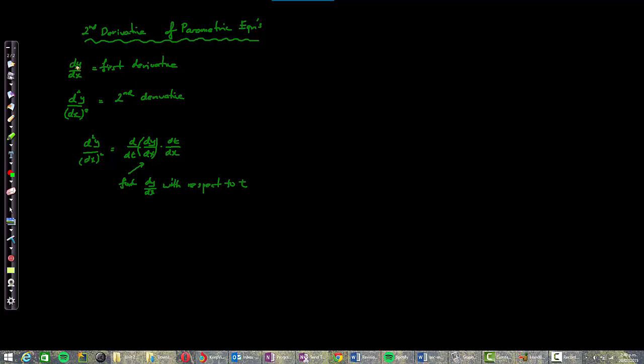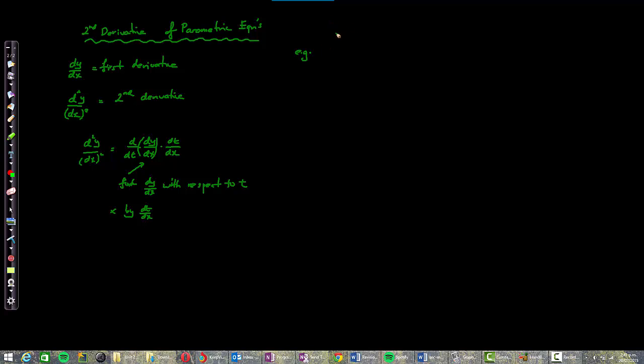Now remember, our first derivative is an equation that's got the t variable on it, so essentially we just derive that again, but then according to this work here we need to then multiply that result by dt over dx, which you would normally get from our first derivative. Okay, so how does this work in practice?